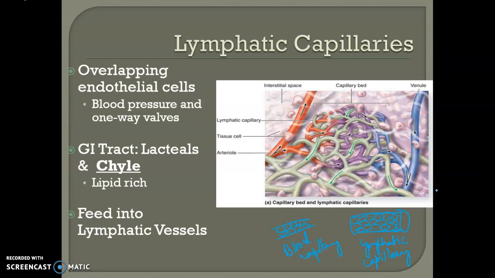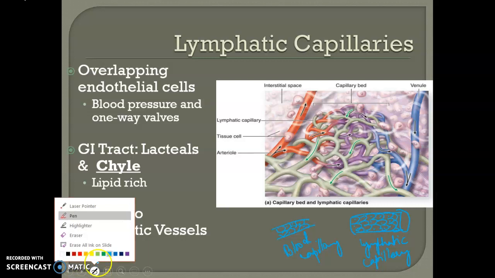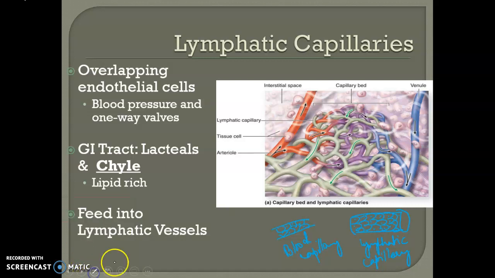How is that? Now let's say, let me pick green. Now let's say we have lymph in the interstitial space. As there is a lot of lymph here in the interstitial space, this lymph will enter the lymphatic capillary this way, through in between the gaps of the endothelial cells, right?